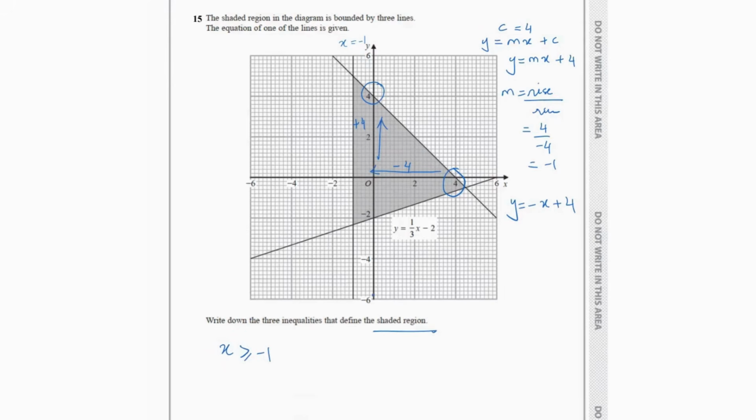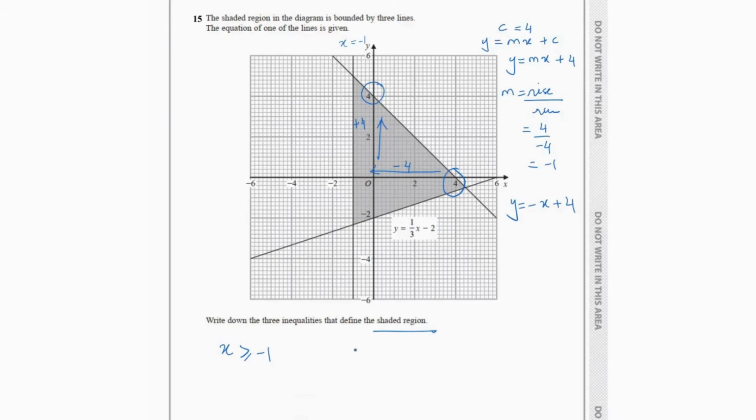Since the line is a solid straight line, x equals -1 is included in the range of values. That's why it's greater than or equal to. If it was a dotted line, it would be greater than -1, not greater than or equal to. So there's a difference. If it's a dotted line, that means the value at that point is not included. If it's a solid straight line, then the value is included.